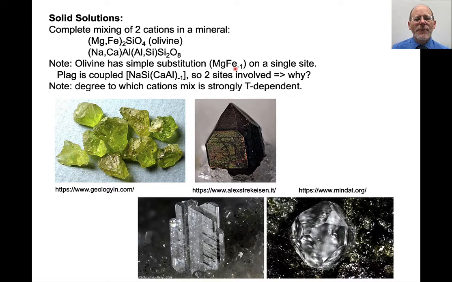Plagioclase has a coupled solid solution. A lot of times we talk about how sodium and calcium mix on a large site in the feldspar, but to charge balance this, silicon and aluminum also have to mix in a tetrahedral site. So the substitution is sodium plus silicon exchanges for calcium plus aluminum.